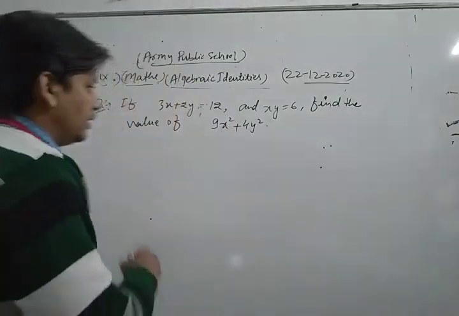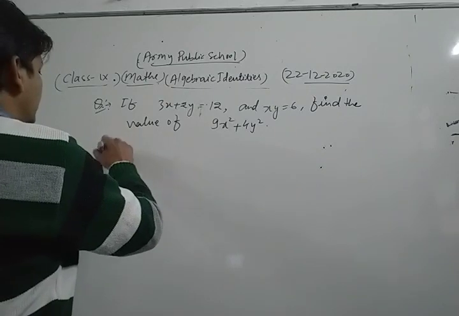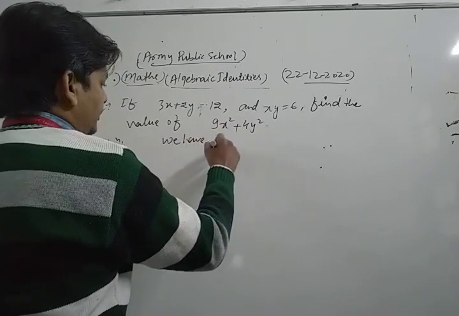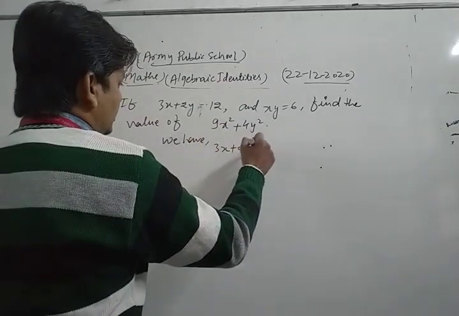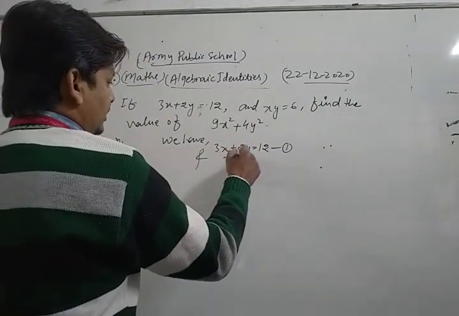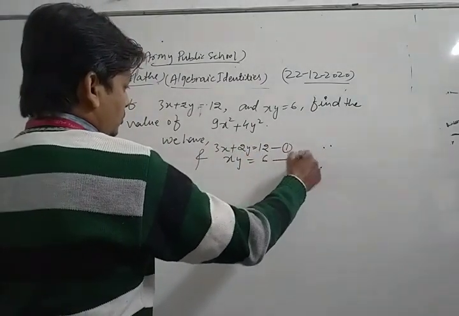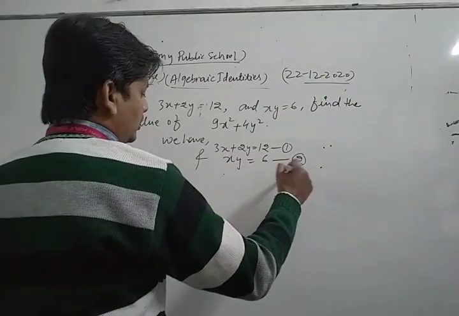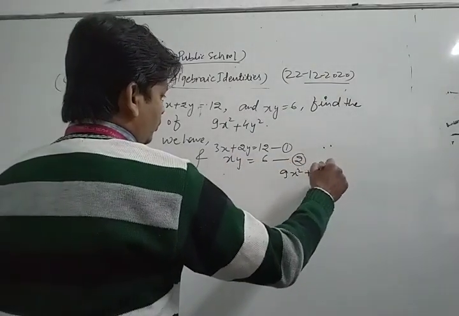Let's see its solution. First of all, dear students, we have 3x plus 2y is equal to 12, take it as equation number 1, and the second one, xy is equal to 6, take it as equation number 2. Now we just need to find the value of 9x square plus 4y square.